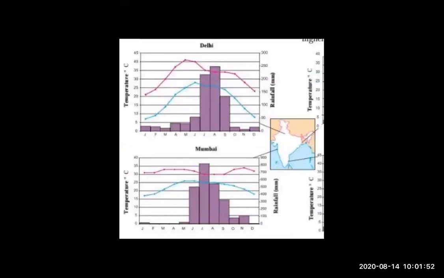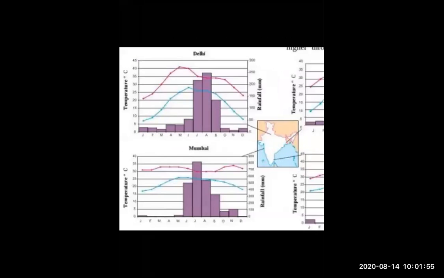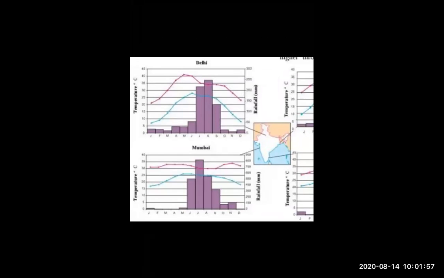Just look at this graph, students. Here there is Delhi. This is the graph from January to December, there are 12 months over there, and this is the graph of annual rainfall.